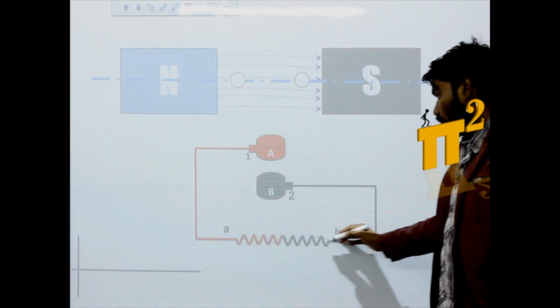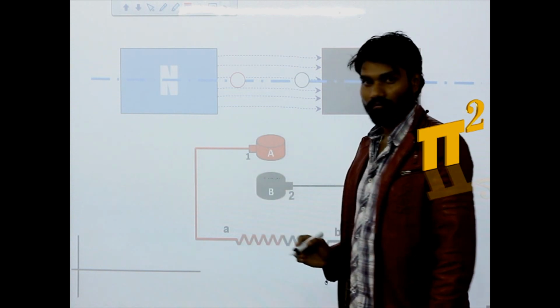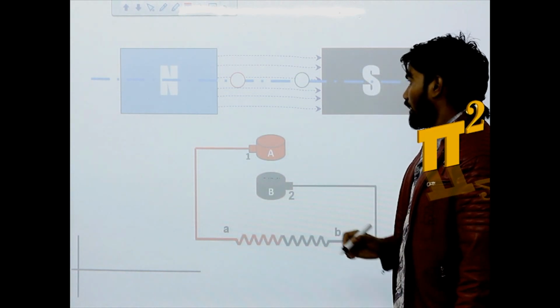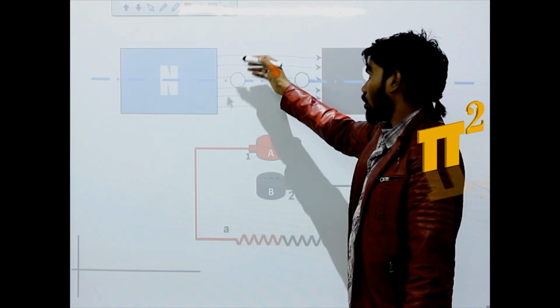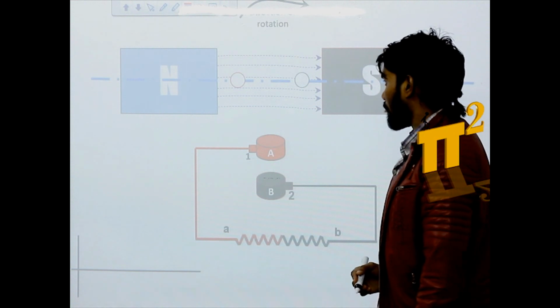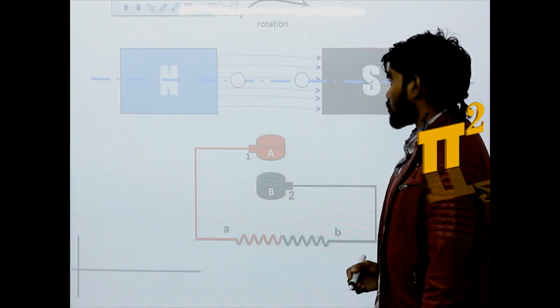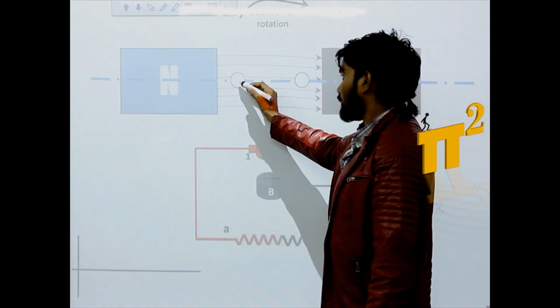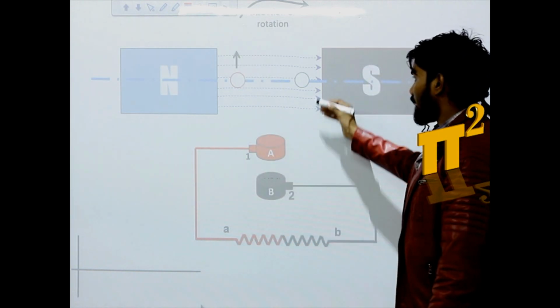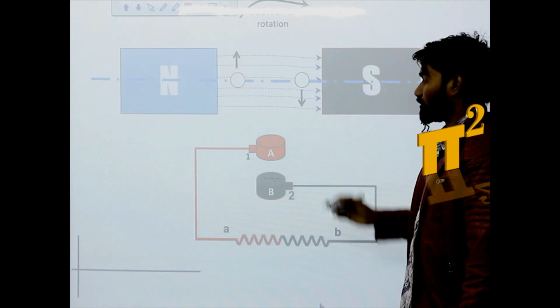And load connections. This is very important. Now I am rotating the rotor in counterclockwise direction. This is the direction of rotation. So the force acting on this conductor is upward, and the force acting on this conductor is downward.